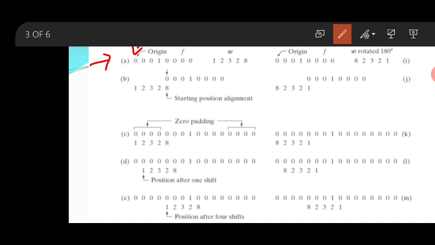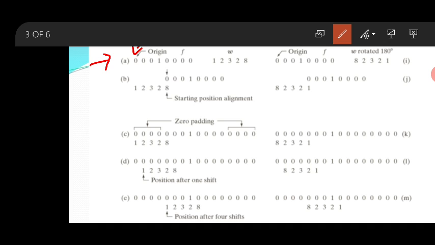In the left side, what is F? The image. What are the bits of that one? 3 zeros, 1, 4 zeros. Your W is given with the values 1, 2, 3, 2, 8. These are the coefficients of W. You can take any other values also. F is also changing, but W usually is a standard. In the coming class you will understand this, the Laplacian.